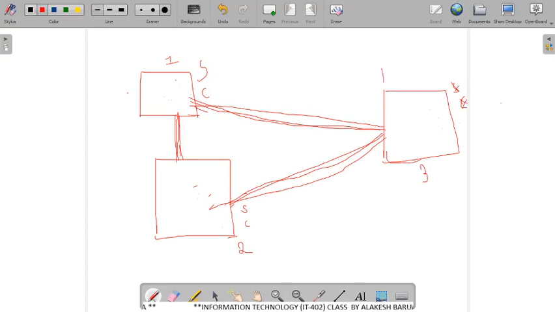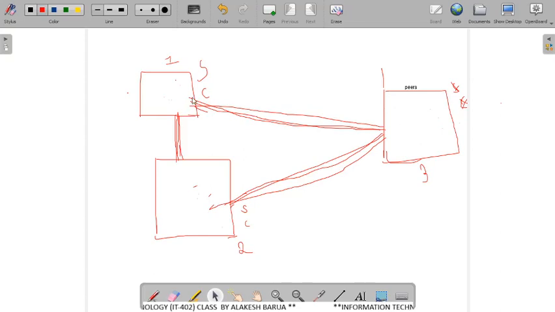They will be known as peers, P-E-E-R-S, peers. If this is the computer, then these two computers are peers for this computer. Again, if this is the computer, then computer number 1 and computer number 2 are peers for it.